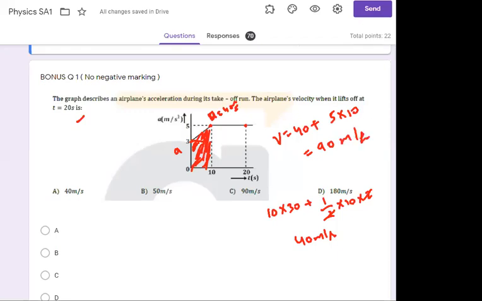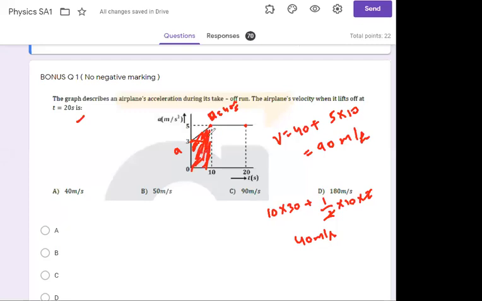Clear है? सबको समझ में आ गया? हाँ या ना? Tell me, Prahlad. Everyone got this? The answer is 90 meter per second. Right? Was this very difficult? See, we know that area under acceleration time graph gives me velocity, है ना? So 0 to 10 तक में हम लोग area निकालेंगे.